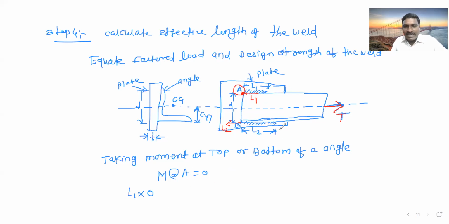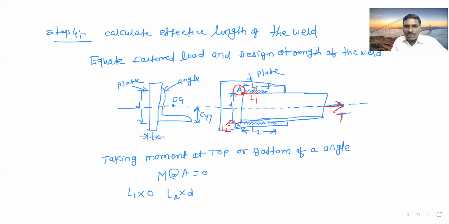Now second force we consider L2. Now L2 into, we will see the sign. जे साइन आहे त्याचं पॉझिटिव्ह निगेटिव्ह आपण नंतर पाहू. L2 into D. Good. Others please. A ला moment घेतोय, L1 एक फोर्स आहे, L2 एक फोर्स आहे, T एक फोर्स आहे.